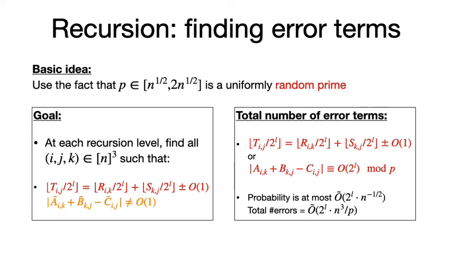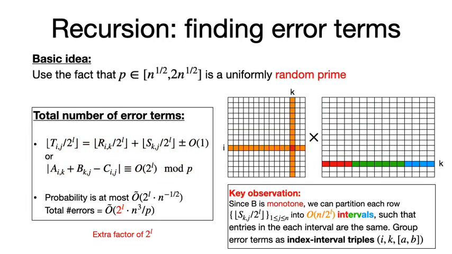So the total number of errors is at most 2 to the L times n cubed over p. Compared with the earlier algorithm, where there are no recursions, here is an extra factor of 2 to the L. Namely, for early levels of recursion where L is large, the total number of errors can be as large as n cubed, which is bad.